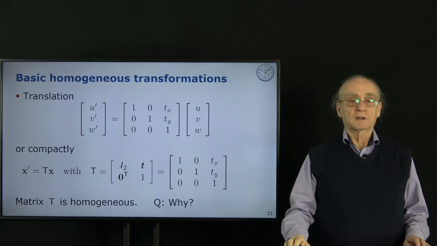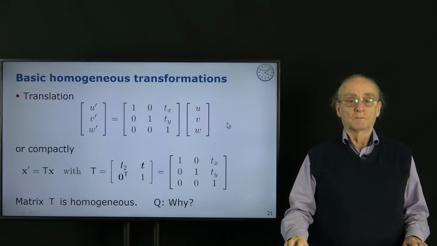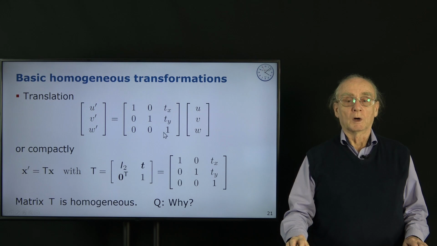Now let's represent our basic transformations using homogeneous coordinates. Let's start with some point u, v, w, and shift it to the other point with coordinates u prime, v prime, and w prime. And then we have a transformation matrix. Now imagine w would be 1.